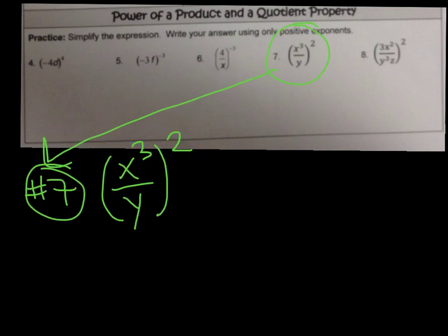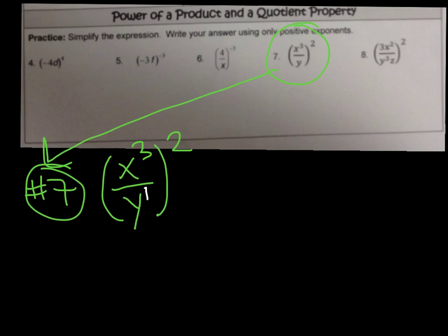All right, we're going to try one more together, and then I want you to do the ones that we did not do, which would be numbers 5 and number 8, and complete those before you come back to class next time. So number 7 says x to the third power divided by y, all raised to the second power. We have a power to a power, and that means we've got to multiply our exponents together. Everything on the inside of the parentheses gets distributed the power on the outside. The y has an understood exponent of 1.